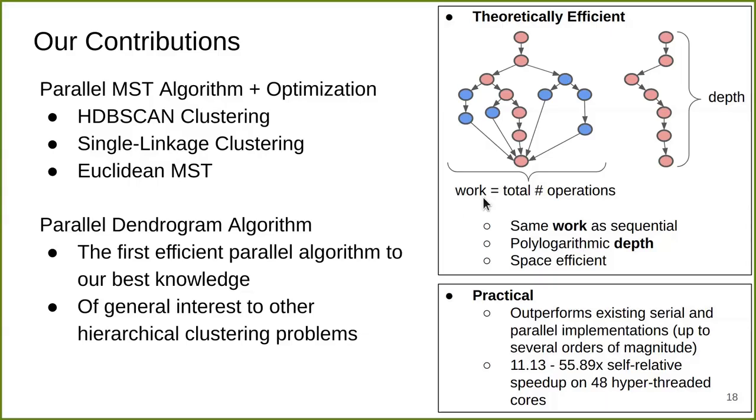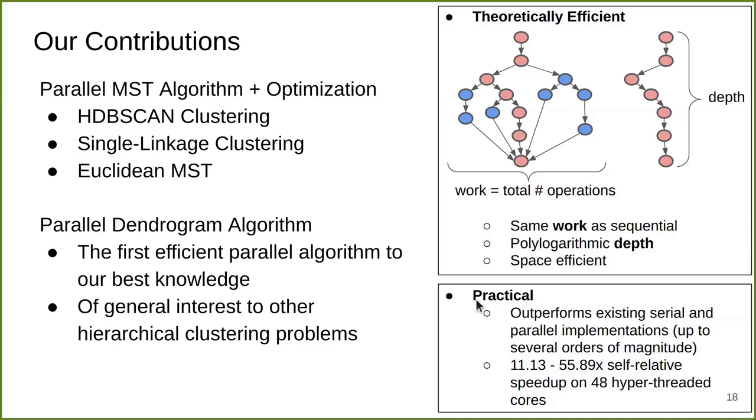The work of the algorithm means the total number of operations in the algorithm, and the depth of the algorithm refers to the length of the longest dependency chain. So our parallel HDBSCAN algorithm does the same work as the sequential algorithm, and it also has polylogarithmic depth. And this translates directly to high parallelism in theory and high performance in practice by a suitable scheduler. They are also space efficient.